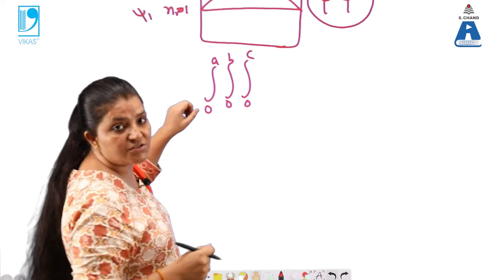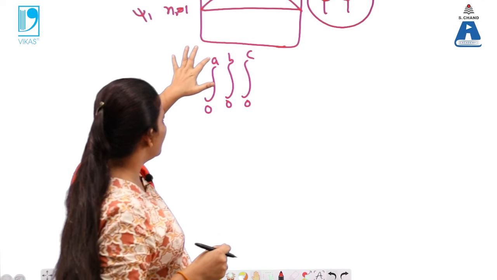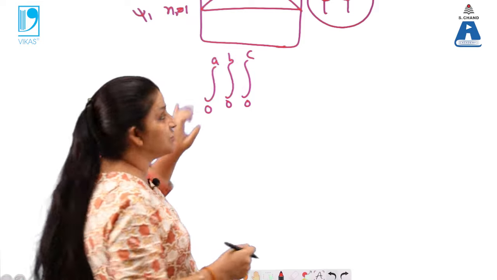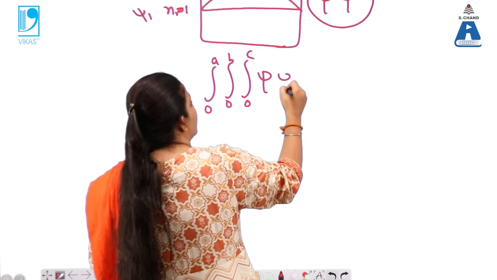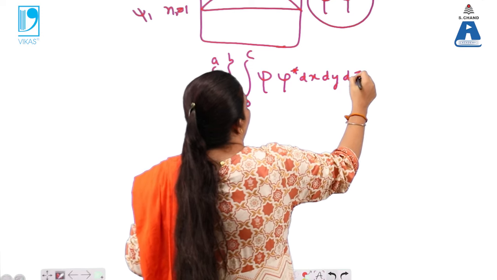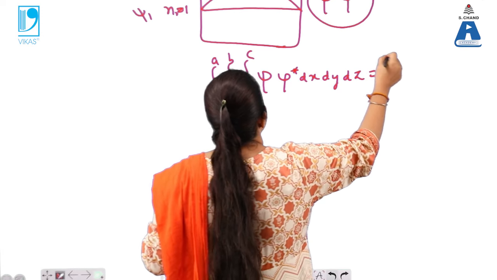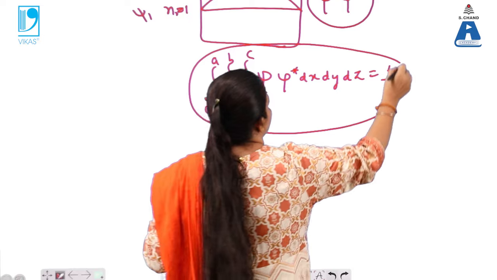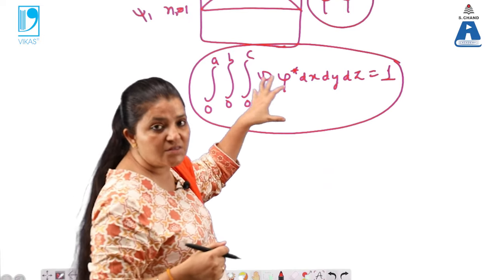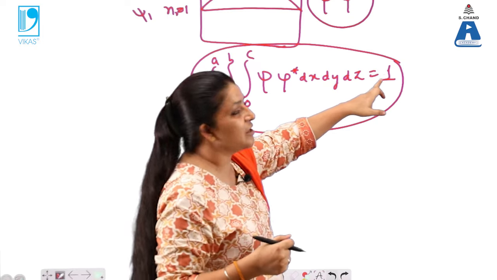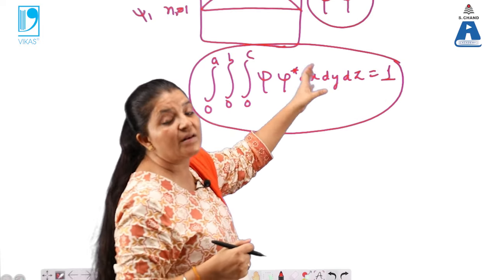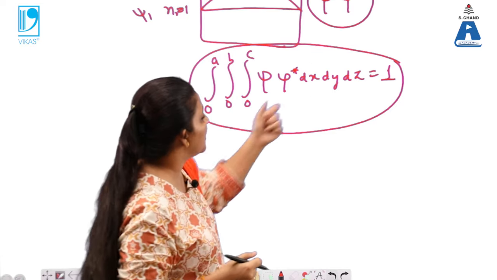Here x can change its value from 0 to a, y from 0 to b, and z from 0 to c. Then psi psi star dx dy dz must be equal to 1. It means the particle is trapped in the given box, and the probability of finding the particle within the given box is always equal to 1. That means the particle must be present in the box, it will never come out.